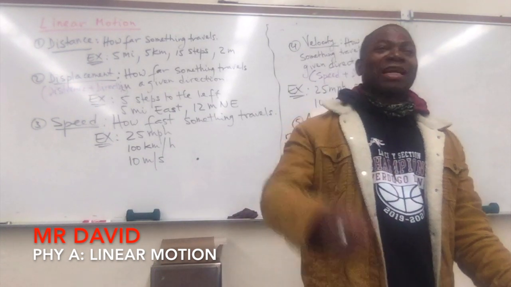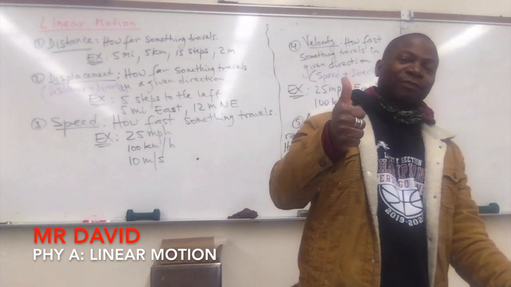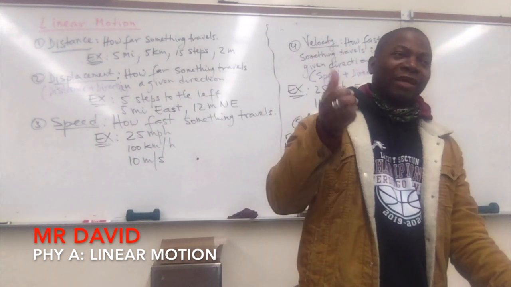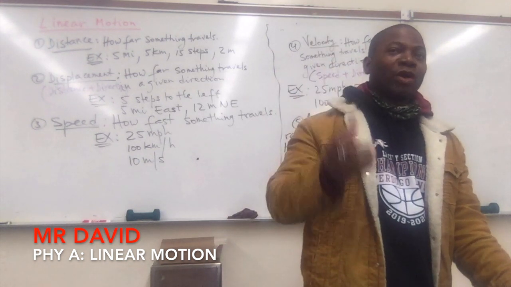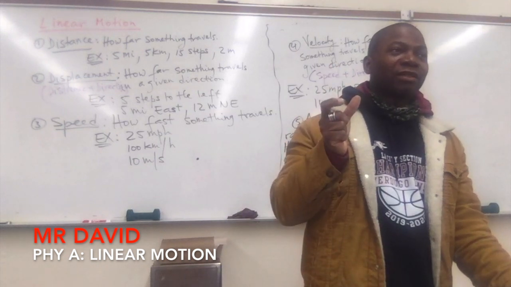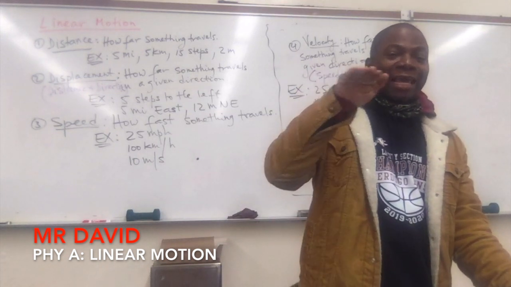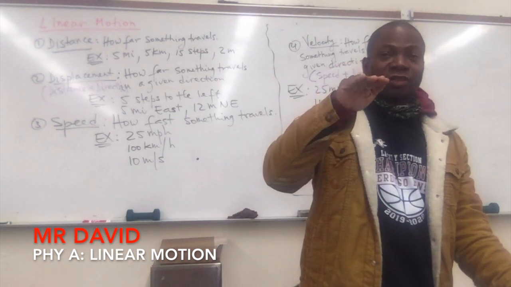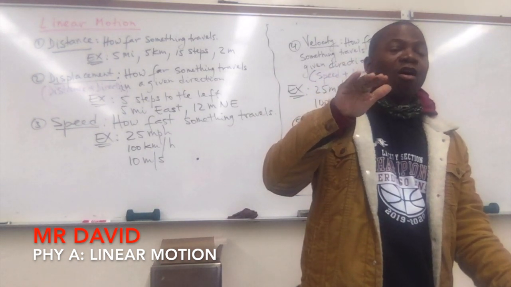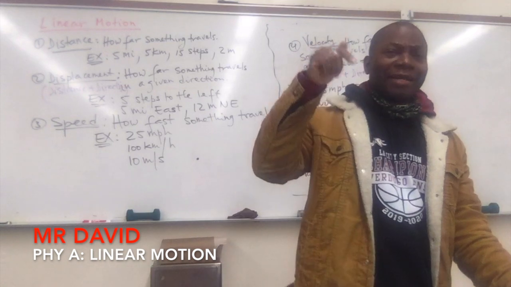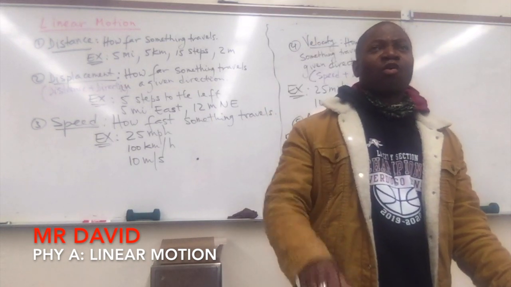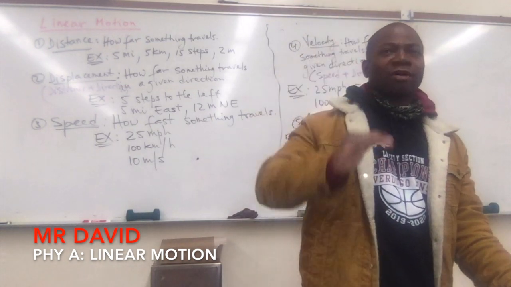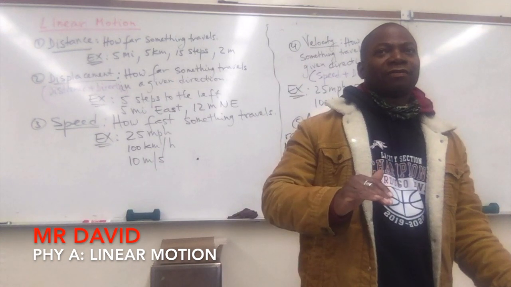Okay? So we can have a positive acceleration if the guy speeds up. We could have a 0 acceleration if the driver is going at a constant velocity. Or we can have a negative acceleration when the driver slows down. Okay?